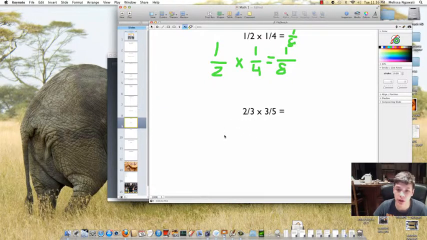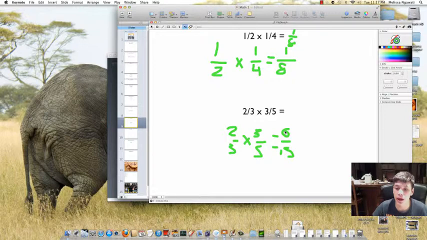Here's our next equation. 2/3 times 3/5. We can just go 3 times 5, 15, over 2 times 3, 6.